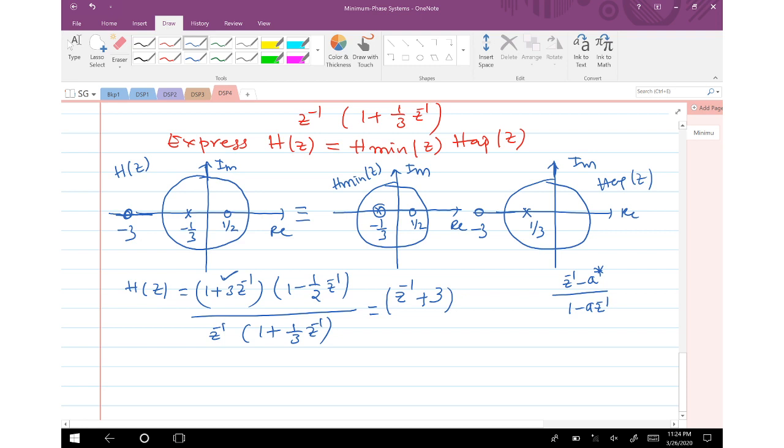Anyway, I would just remove this here in the interest of writing the whole expression in the same line, right? Into, you keep 1 minus 1/2 z inverse, there is no problem with that.